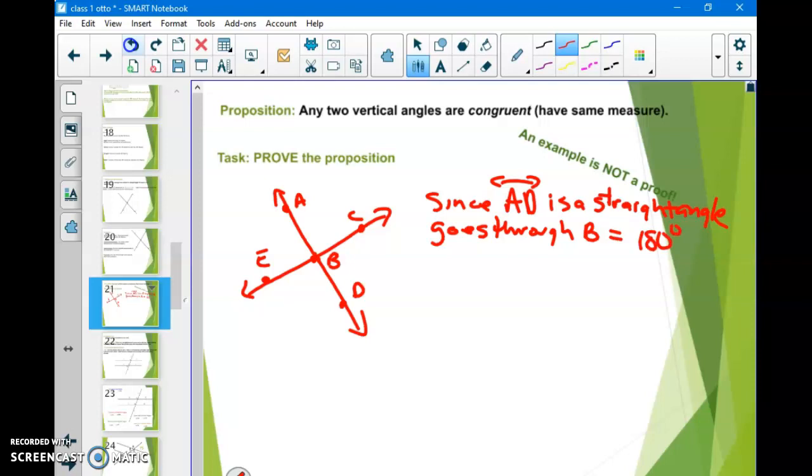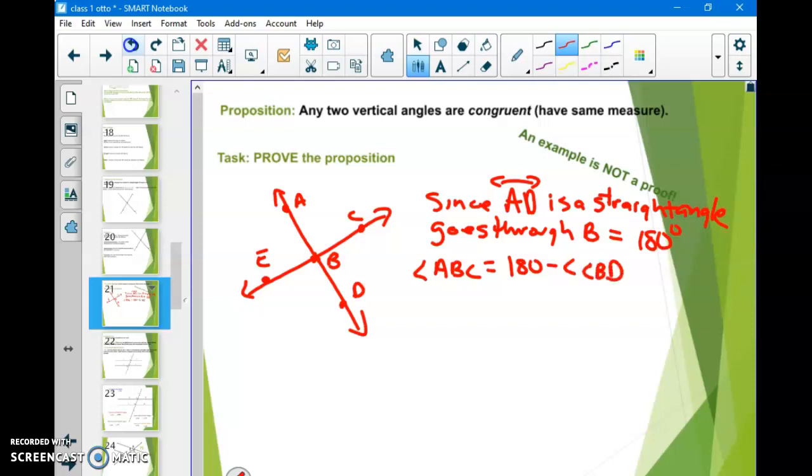So I can write a couple equations here. Can I say that angle ABC is equal to 180 degrees minus angle CBD?